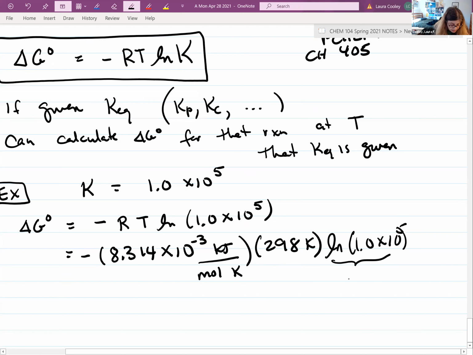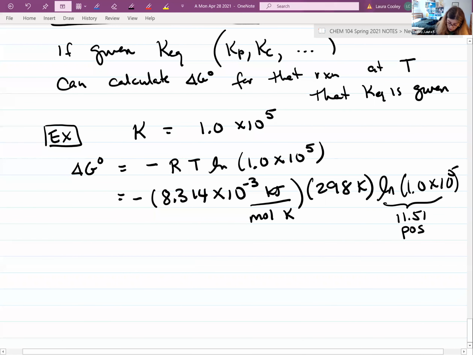And you notice it's positive because that number is greater than 1. So you put that together, you're going to end up with a negative sign because there's no other signs here. So this comes out to negative 28.5 kilojoules per mole.